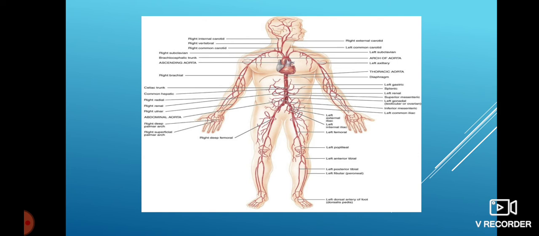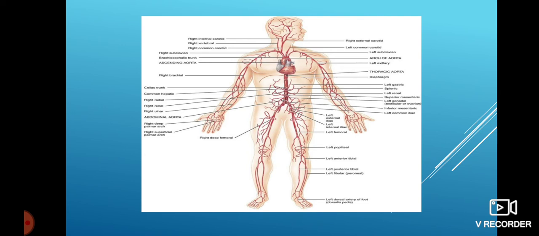The arteries arising from either side of the aorta supply the remaining organs inside the abdominal cavity. That means the kidney, suprarenal gland, and gonads are supplied by the branches arising from either side of the aorta. That means these arteries are paired, while the arteries supplying the digestive organs are unpaired. They are only 3 in number: celiac trunk, superior mesenteric artery, and inferior mesenteric artery.